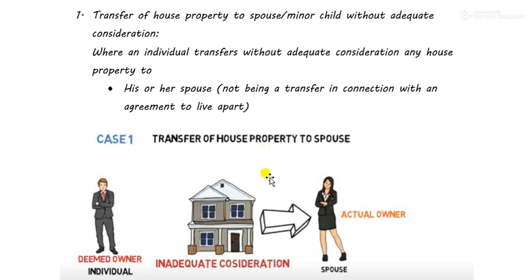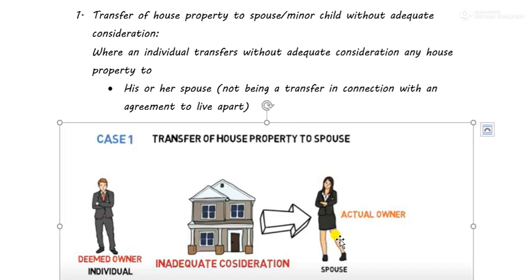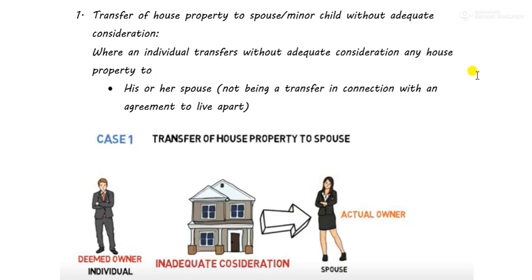Now suppose Mr. A transfers the house property to his wife for 50 lakhs, not 5 lakhs, but for 50 lakhs. In that case, the wife of Mr. A shall be regarded as the owner of the house property for all purposes.